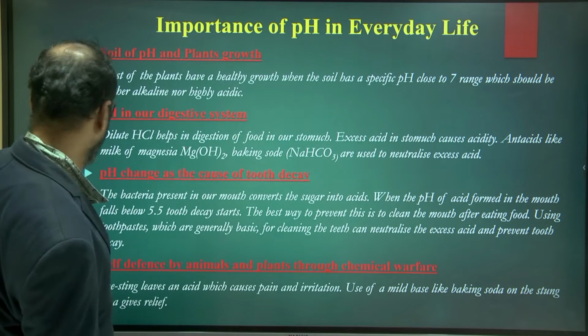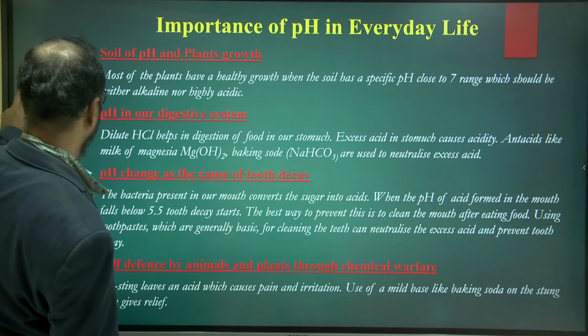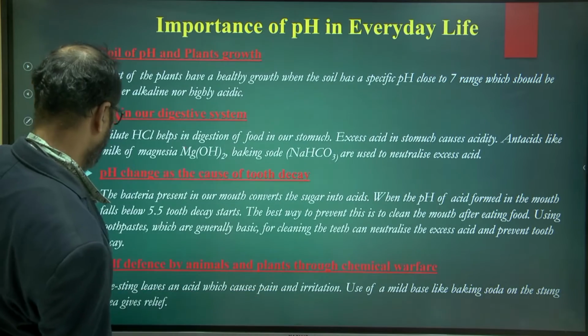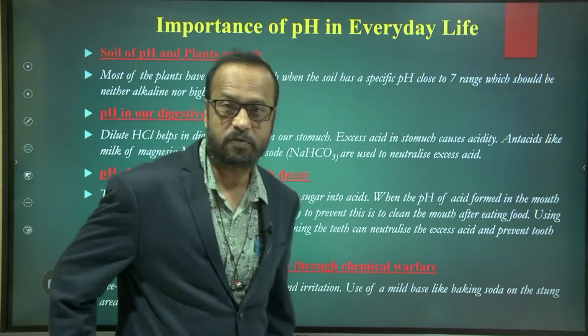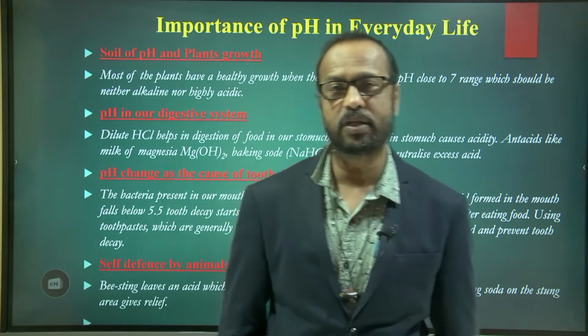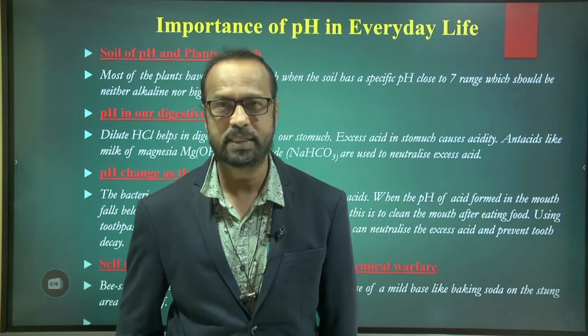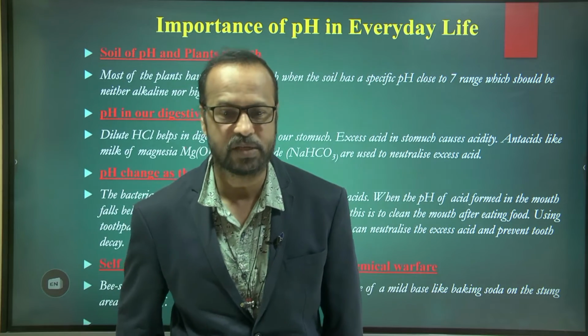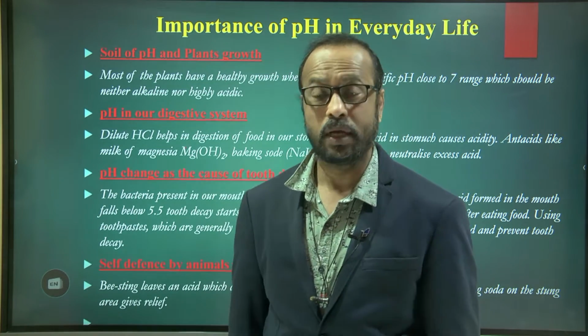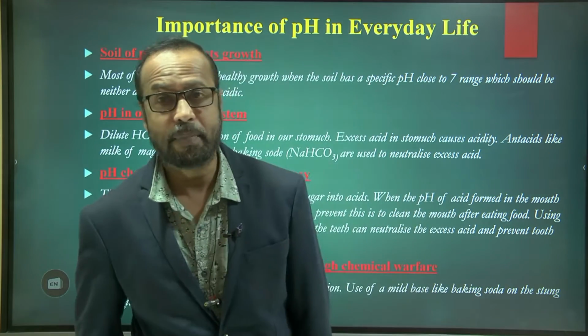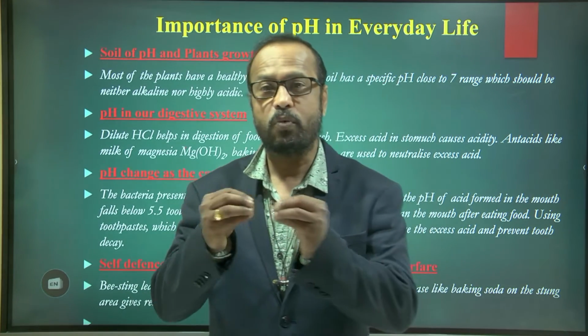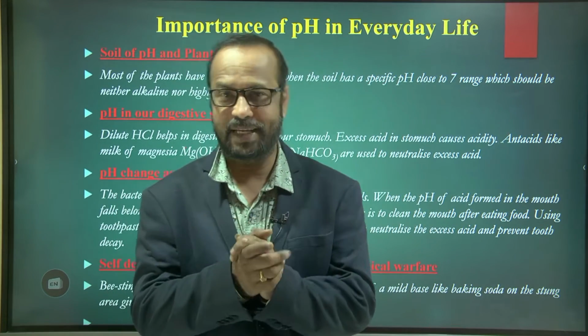Chalo, now importance of pH in our daily life. We are discussing the importance of pH in our daily life. First we discussed soil pH and plant growth. In the last class I said that plants generally grow when the pH is very close to 7. Yes or no?